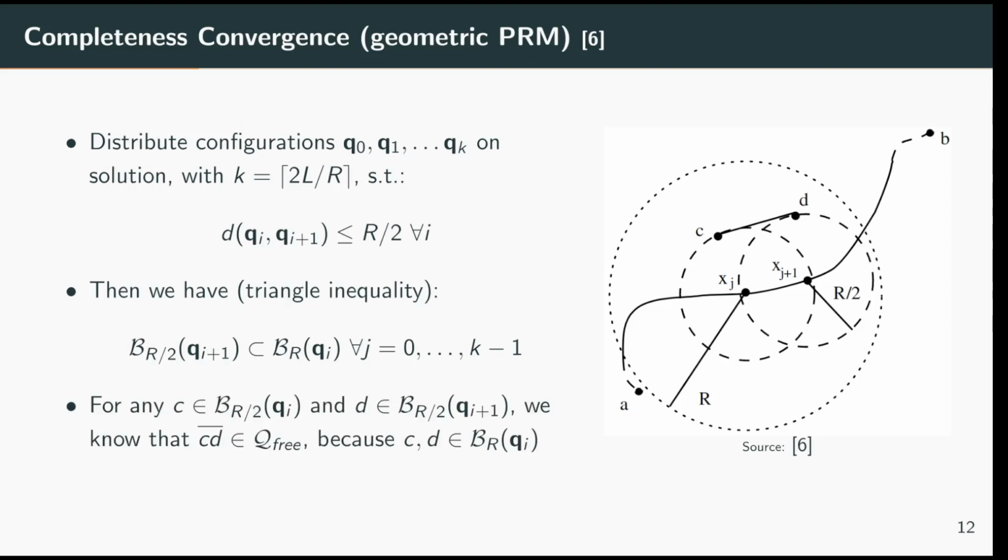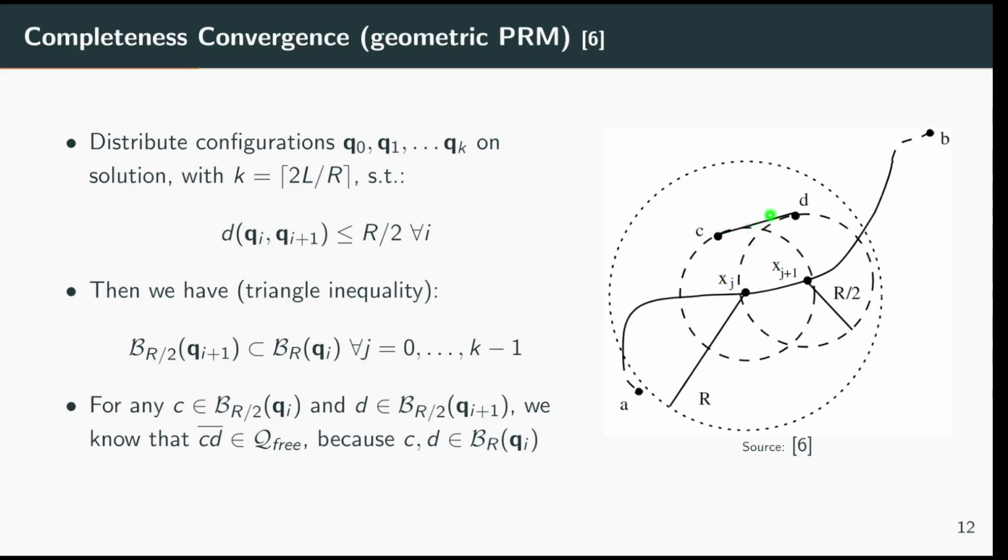And then the idea is, okay, now I can take any point C that's in the ball around the first configuration or state, and any point that is in the second one. So for example, C and D, in this example, they're on the boundary, but it could also be just inside of these circles.